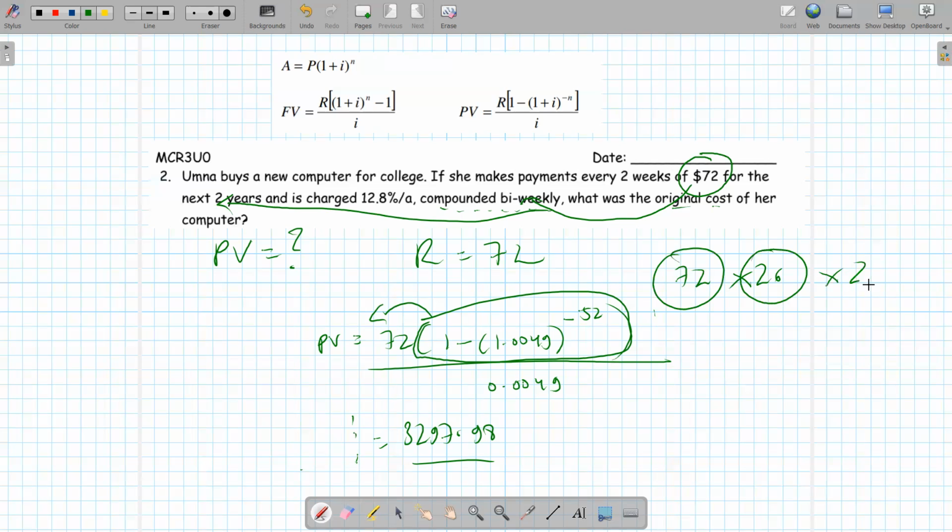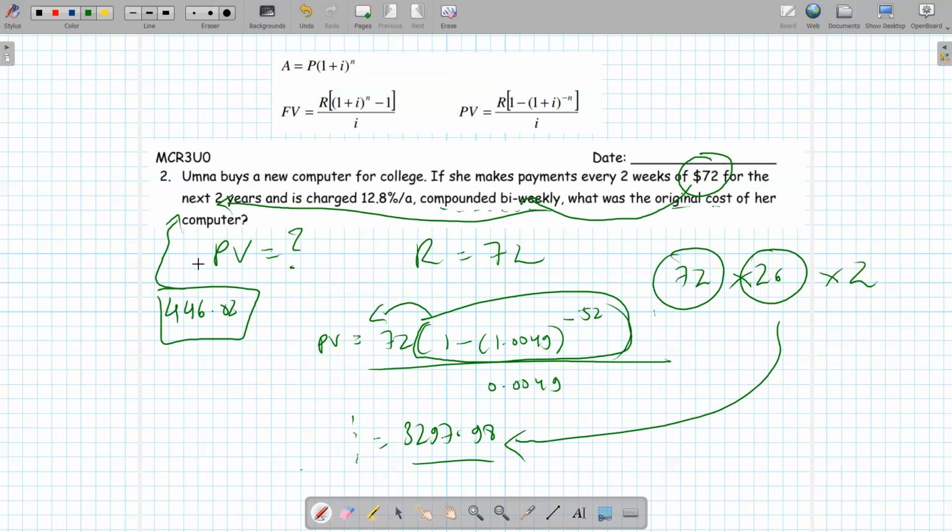And then times 2 for the 2 years. That's 1,728. Then you do this minus this thing, 3,297.98. 446.02. There we go. So she ended up paying 446.02 just in interest over 2 years, yeah?